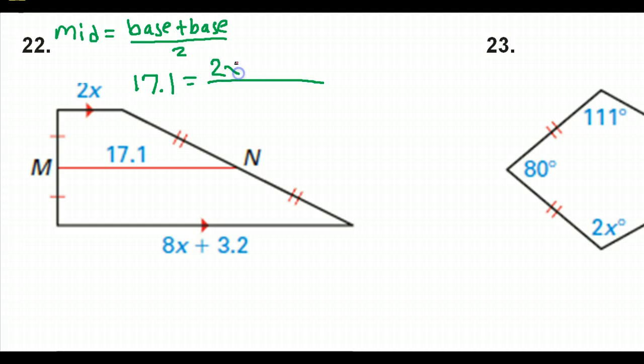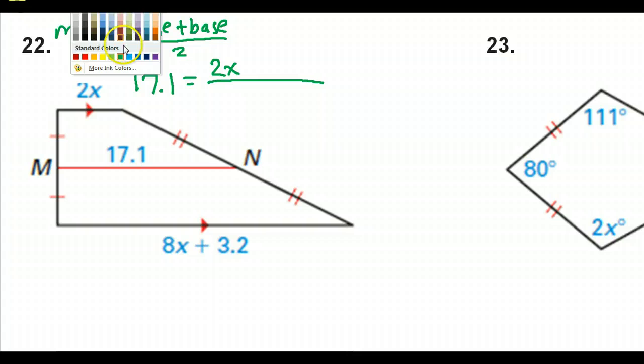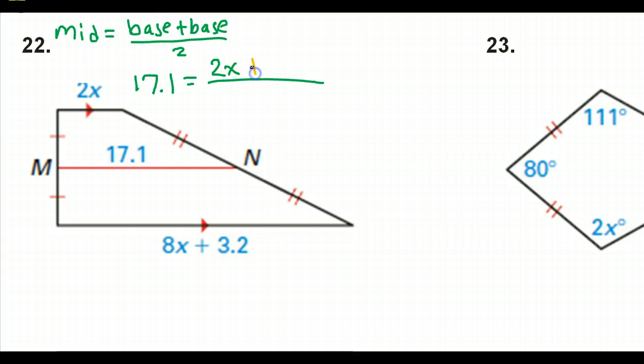So that's going to be 2x plus 8x plus 3.2, divided by 2.